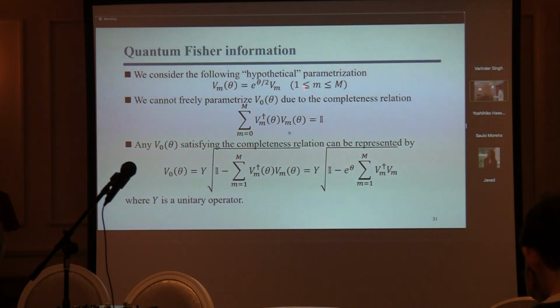This is emphasized because from 1 to m is parameterized like this, and V0 is determined so that this completeness relationship is satisfied.